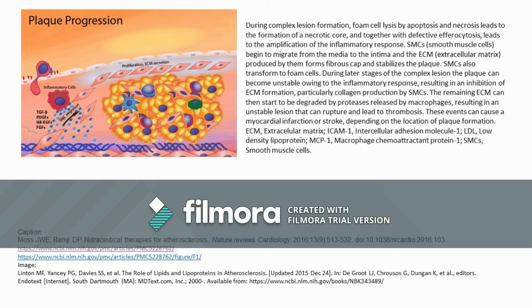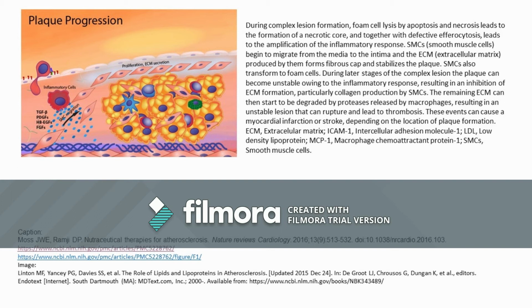Smooth muscle cells begin to migrate from the media to the intima, and extracellular matrix produced by them forms a fibrous cap and stabilizes the plaque. Smooth muscle cells also transform to foam cells.